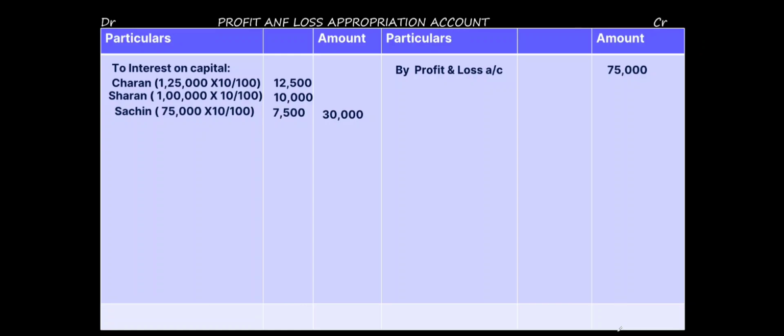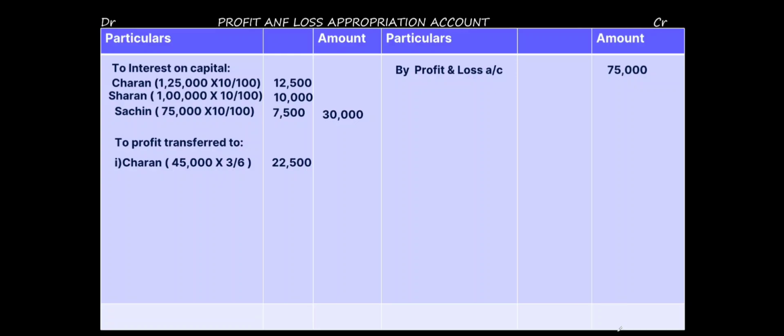Now, after deducting 30,000 interest on capital from the profit, we had a remaining profit which should be distributed to the partners. So, to profit transfer to Charan, the remaining profit was 45,000. So, Charan, 45,000 into 3 by 6, he will get profit of 22,500. But here, Charan had personally guaranteed the shortage amount to Sachin.